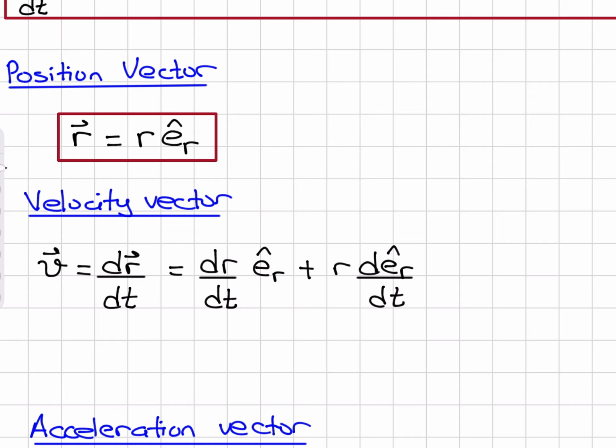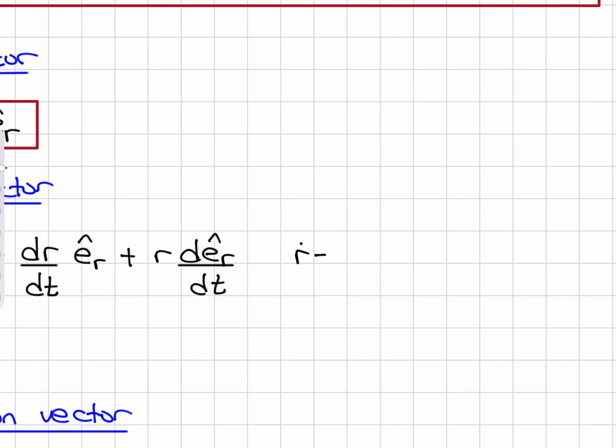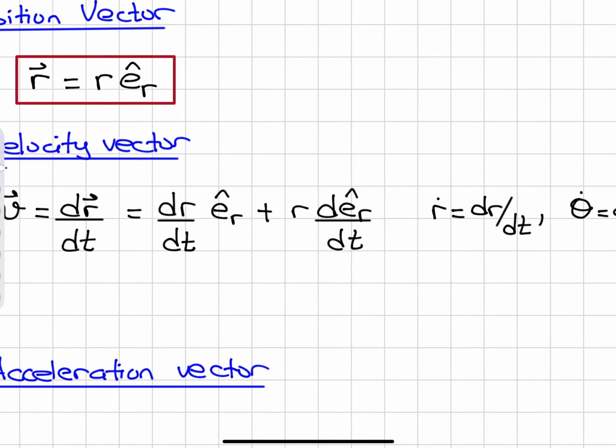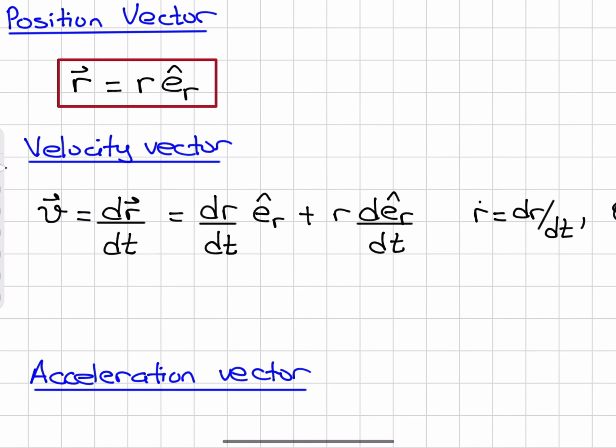And if we call r dot dr dt, theta dot d theta dt and phi dot d phi dt, as we usually do, then we can write the velocity vector as r dot er hat plus r der hat dt.